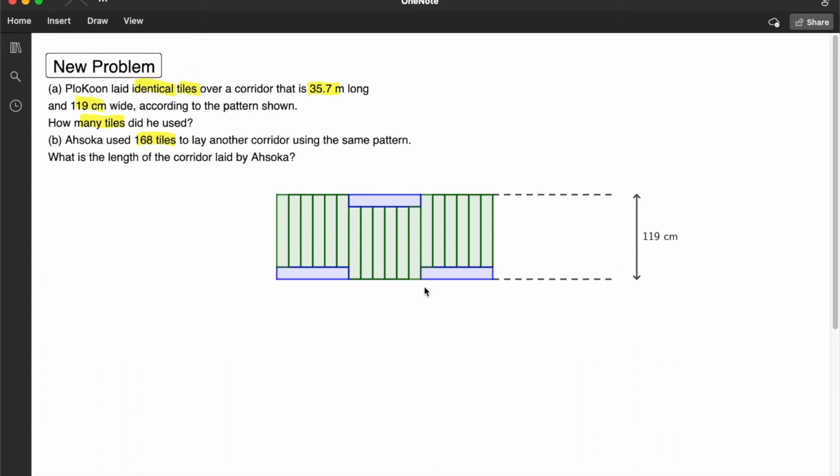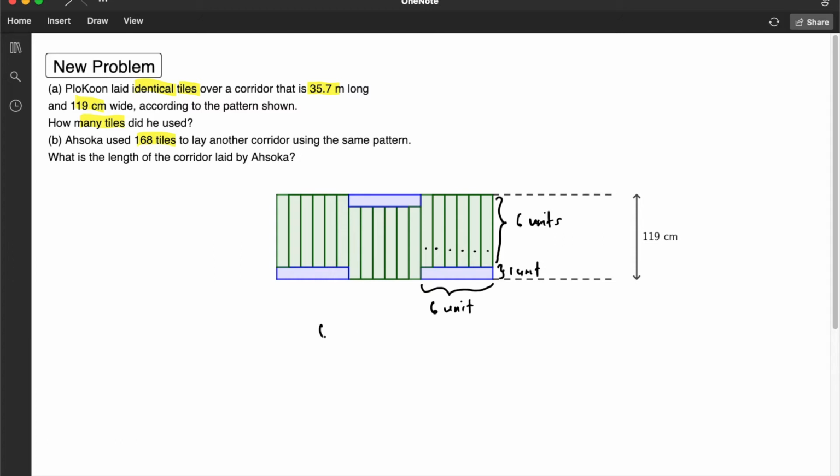So if you were to take a look at one of these repeated patterns, let's take a look at this last one. The length of the tile is 1, 2, 3, 4, 5, 6 units. If we take 1 unit to be the breadth, so here is 1 unit, and this is of course the length of a single tile, which is 6 units.